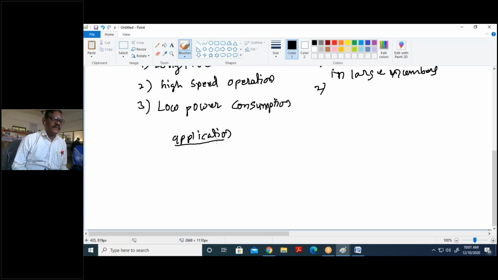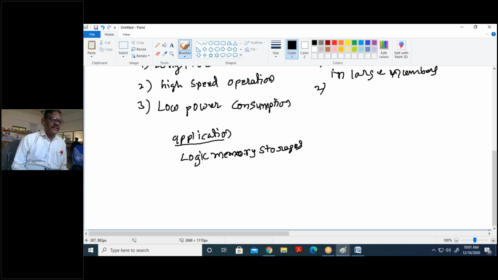Number one, tunnel diodes are used in logic memory storages.